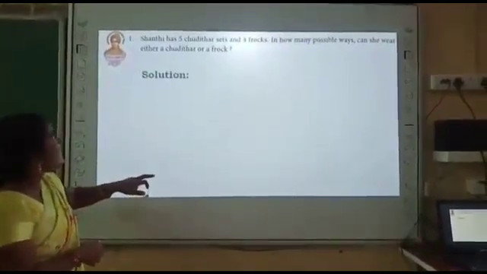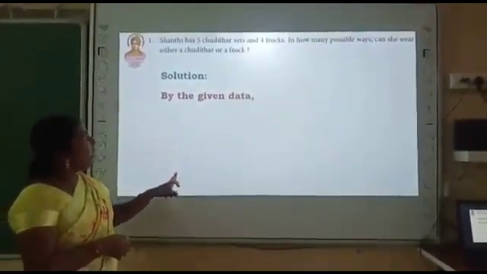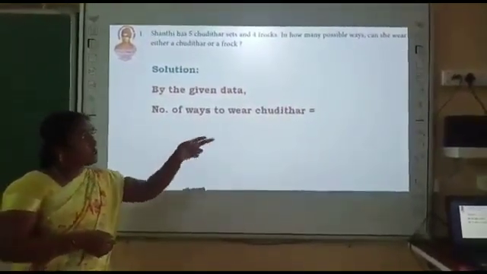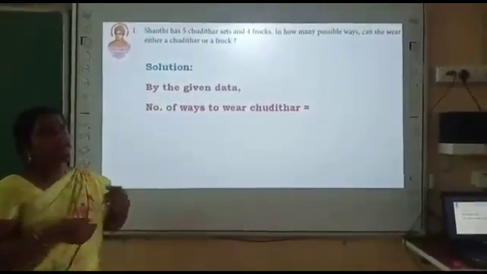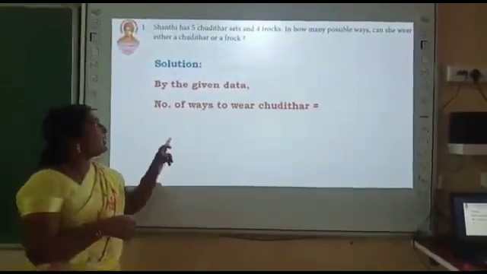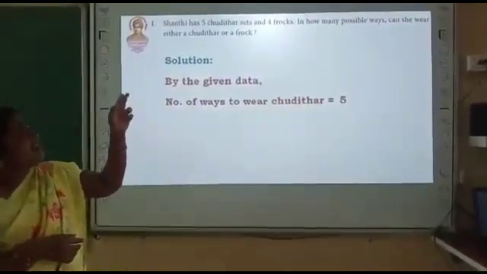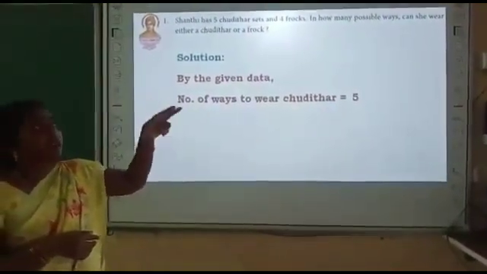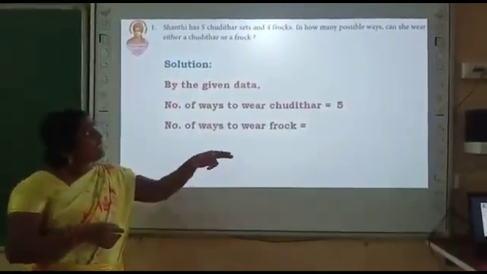In the solution, by the given data, the number of ways to wear a chudidar: how many possibilities? 5 possibilities, because she has 5 chudidar sets. Next, how many frocks does she have? 4 frocks, so the number of ways to wear a frock is 4.